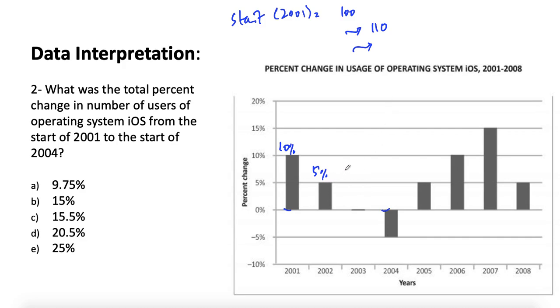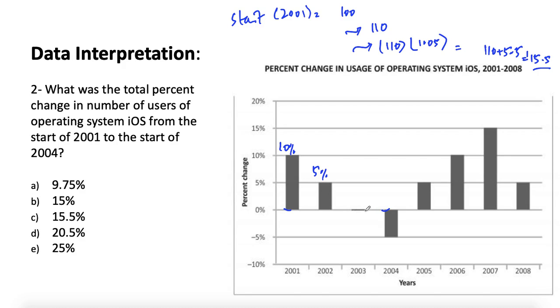So what will be that value? That will be 110 into 1.05. Just take the 10%, which is 11, and now the 5% is half of that, which is 5.5. So 110 plus 5.5 is 115.5.